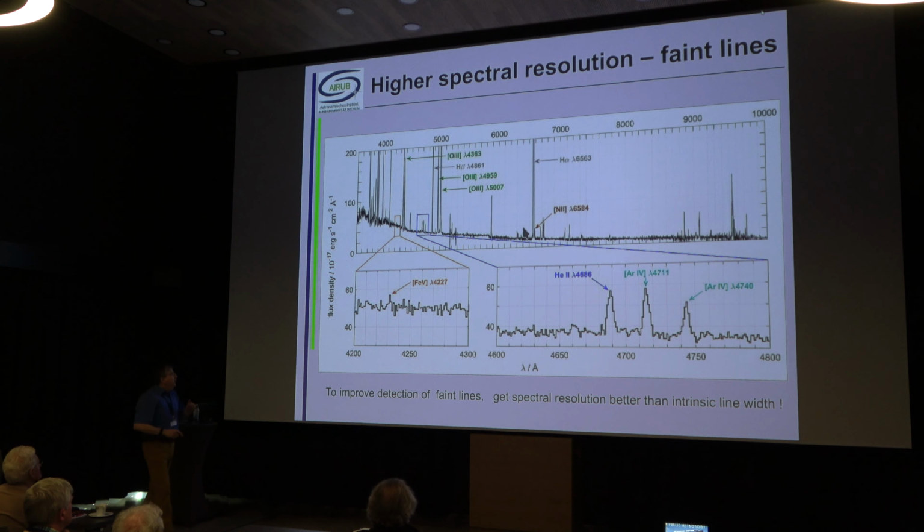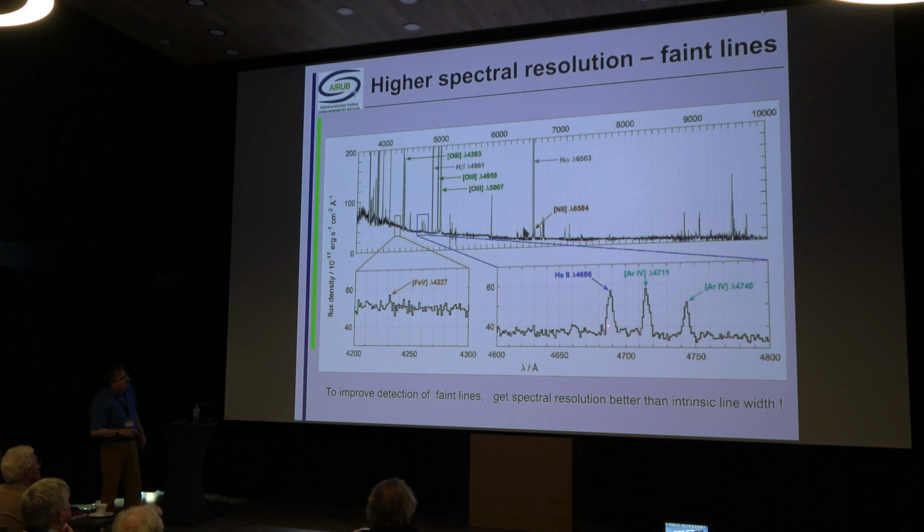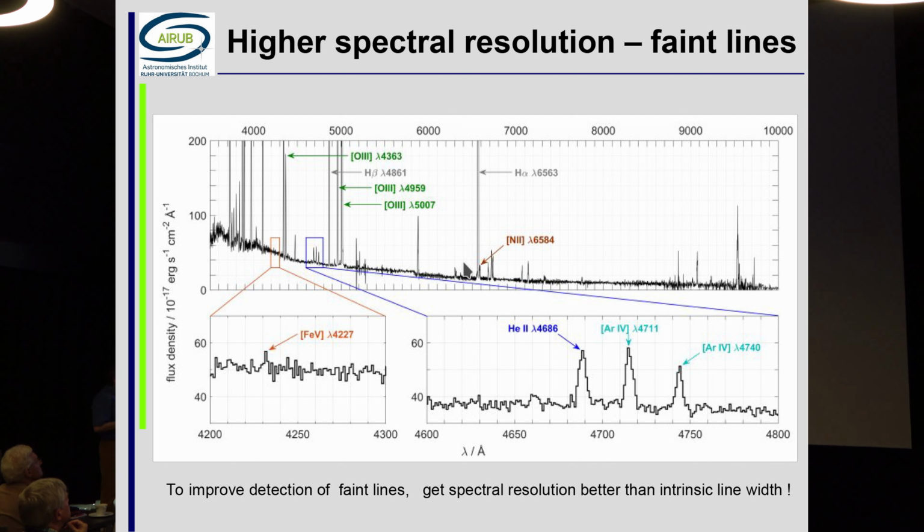But if you have very faint lines, so something like that, nearly impossible to see here. Well, okay, here we have a couple of very strong lines in here too. But if you have small, weak lines, then spectral resolution helps. If you go to higher and higher spectral resolution, you have no continuum which you're folding into your line.